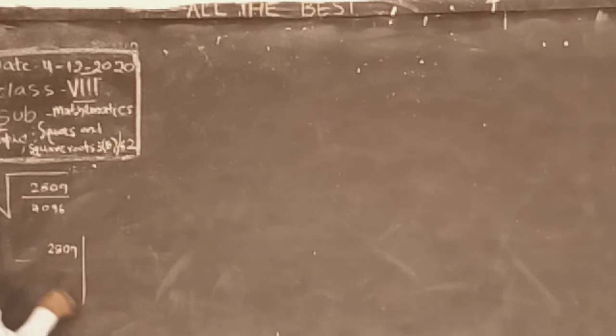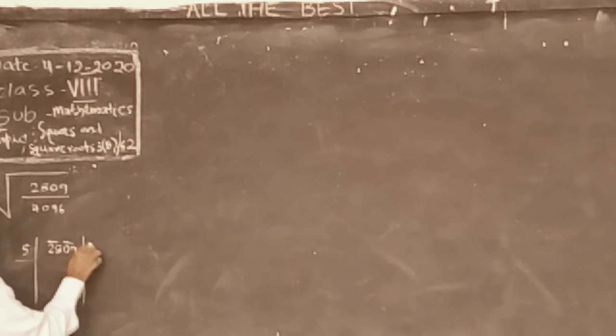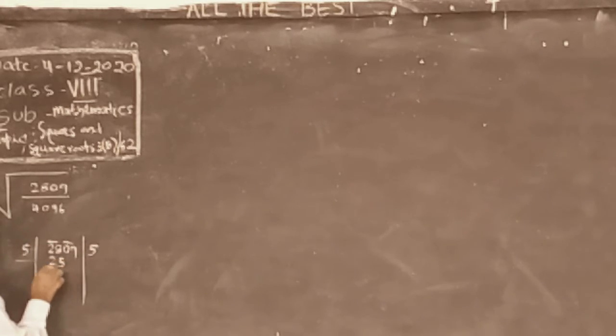2809. Let us make pairs. Read the table. 5 5s are 25, going. 6 6s are 36, not going. So here 5 5s are 25. Remainder is 309. 5 5 10.